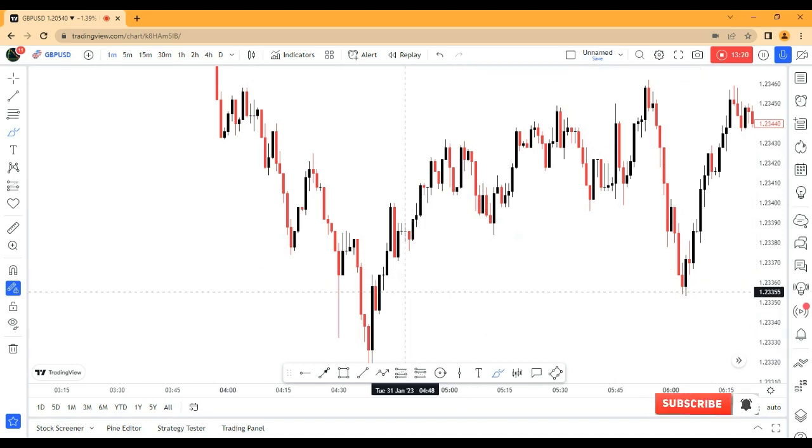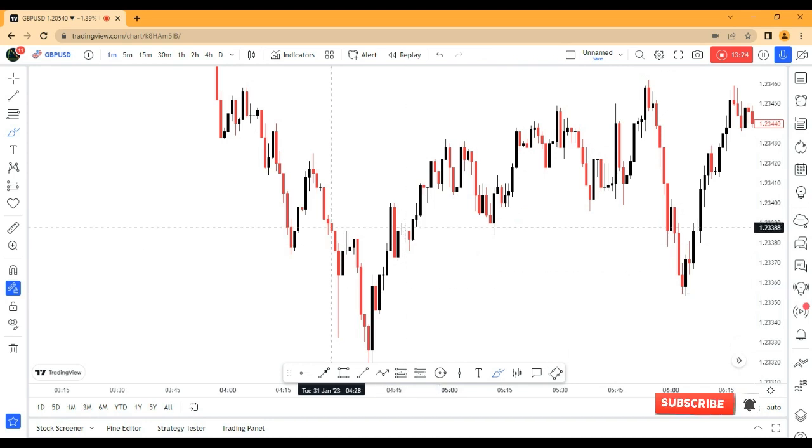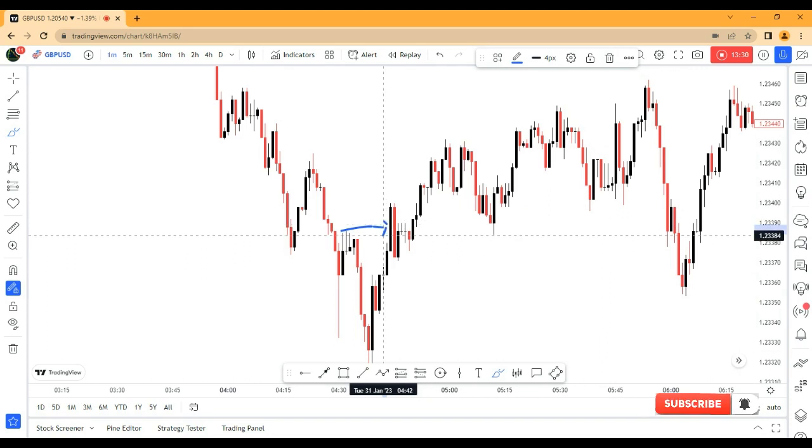After you identify your uptrend, now you will be identifying your break of structure. If price gives you the break of structure, you now identify your current pullback to find your inducement leg. So now there is our inducement leg.